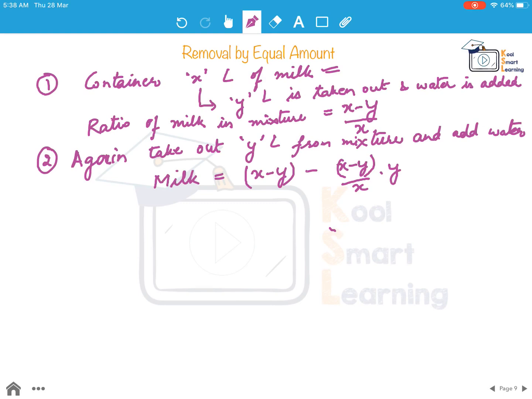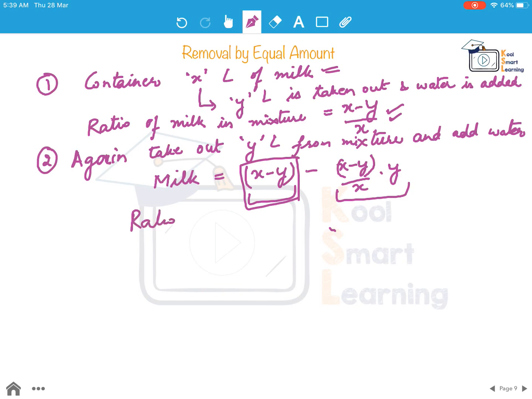Right? So this will be the remaining milk. Initially we had complete milk, then we got this much milk, and now from this much milk we've again taken out Y of it. So we are remaining with X minus Y, which is the total one, minus X minus Y by X into Y.